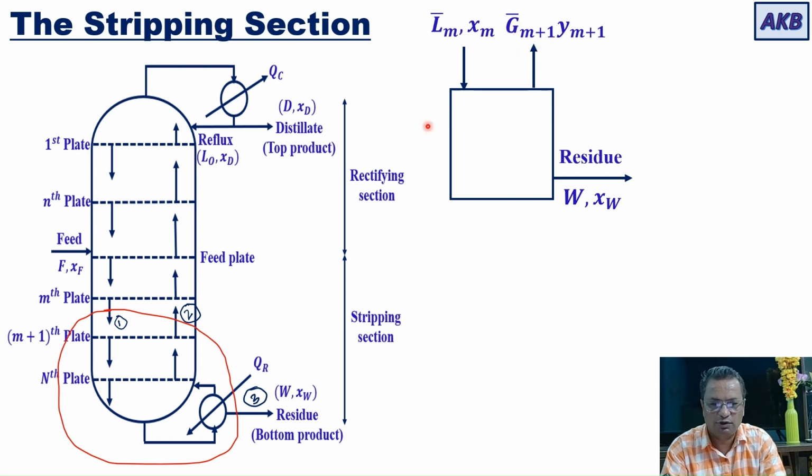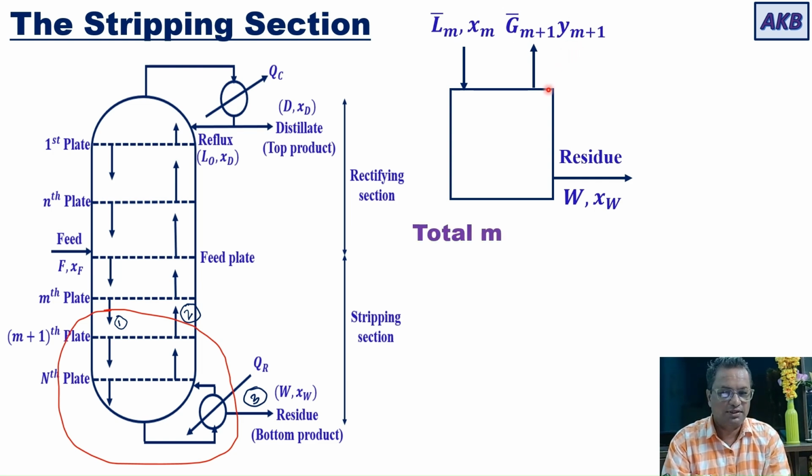It is coming from the M+1 plate, so that's why G bar M+1, and accordingly the mole fraction for A in it will be YM+1.